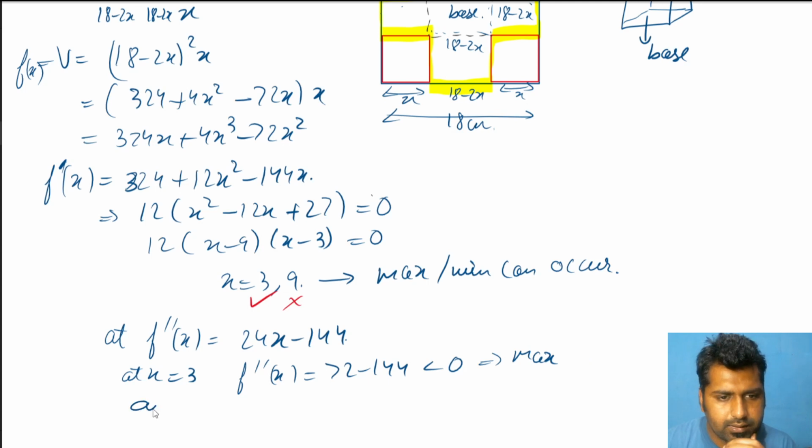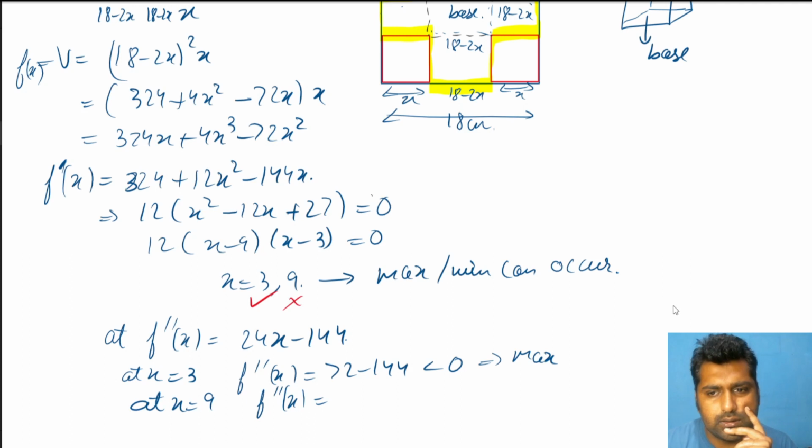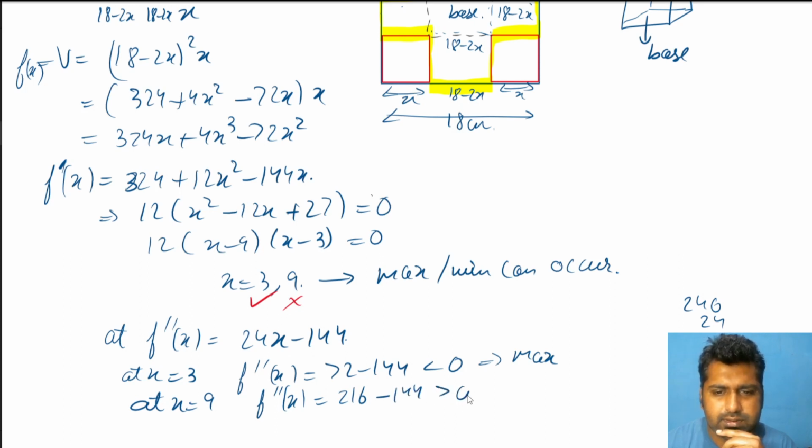Similarly, at x equal to 9, f double dash x is 24 into 9, that is 216, minus 144, definitely greater than 0.